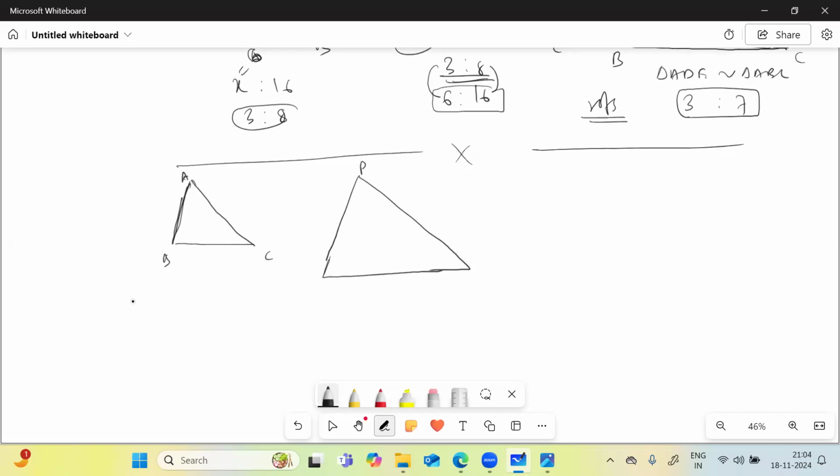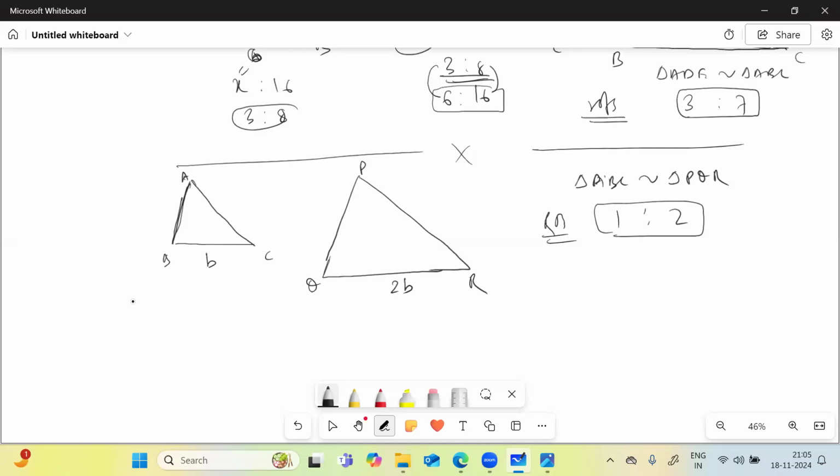ABC is similar to triangle PQR, and the ratio of similarity is 1:2. Then let's say I'm taking this side, BC side, as B. Then the side QR would be, QR कितना हो जाएगा? 2B. 2B. Very good.